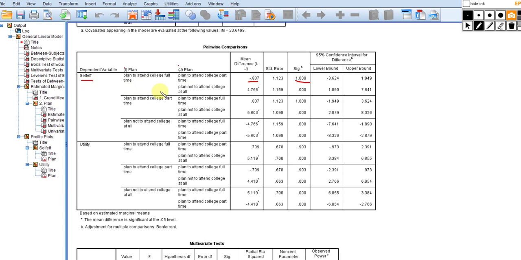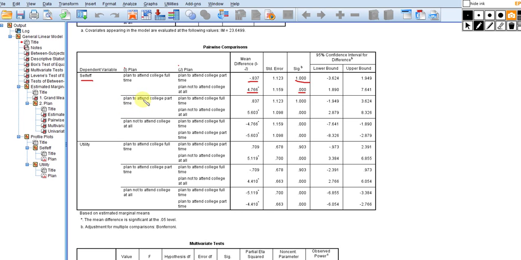That group scored about 4.766 points higher on average than the plan not to attend group. Then also comparing the plan to attend part-time group versus the plan not to attend group, you can see there was a higher adjusted mean for the plan to attend part-time group, and that difference was statistically significant.